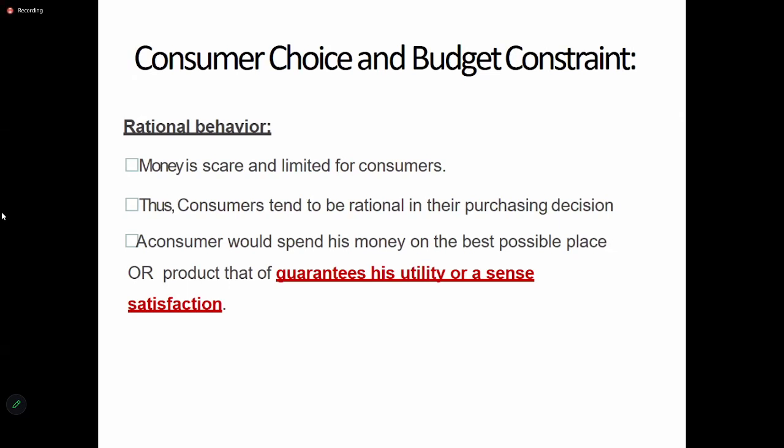What is the term we used for that? Do you remember? We discussed a theory related to utility. Does anybody remember that one? The utility is increasing or decreasing gradually. I remember I gave an example related to ice cream as well.